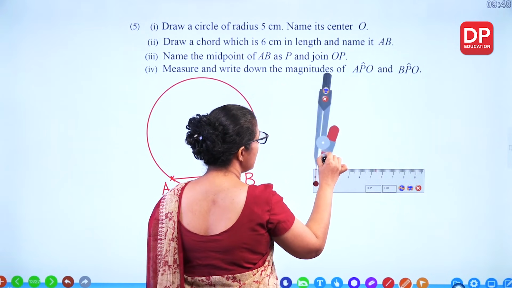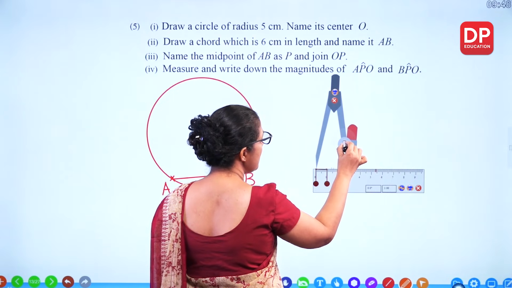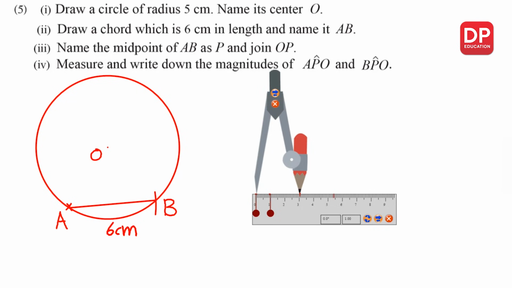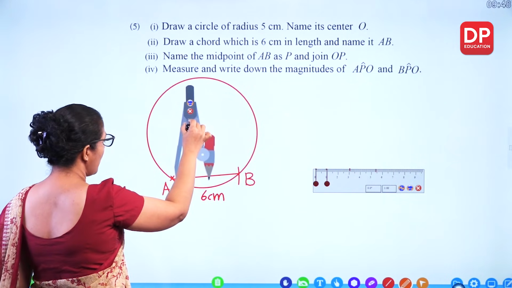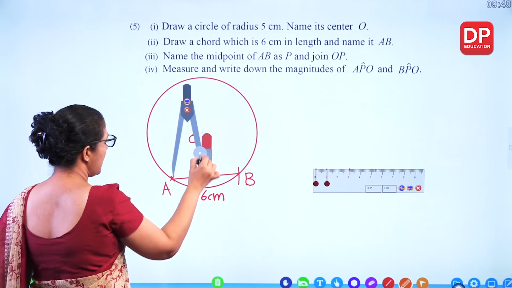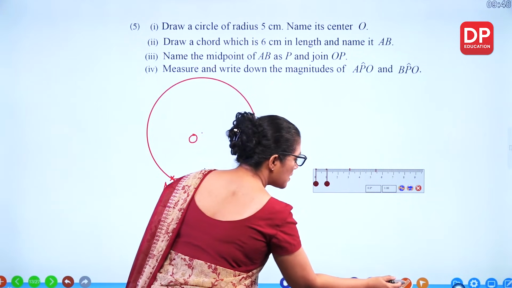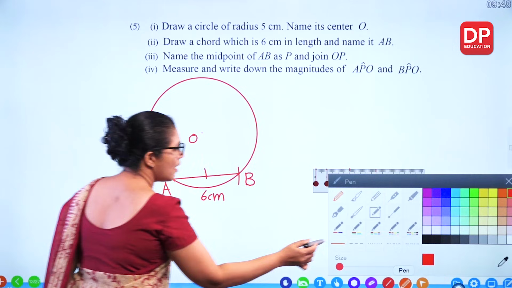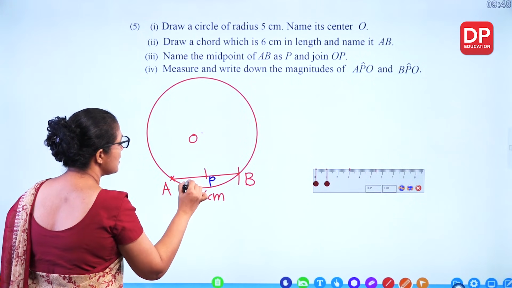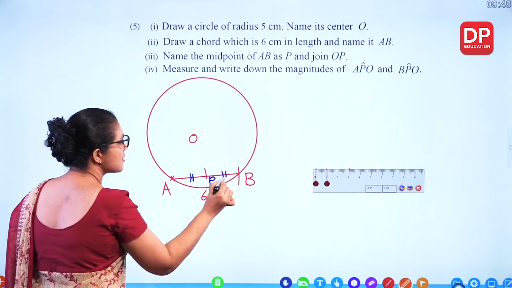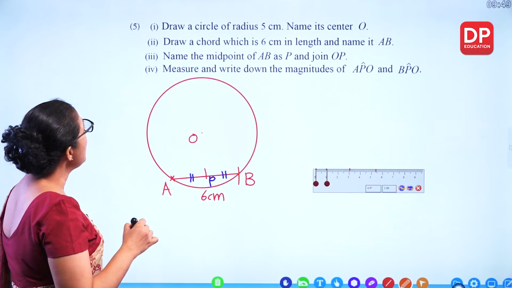So I can mark the point P. This is 3 centimeters and this is P. So this distance is equal to this distance. And join OP.